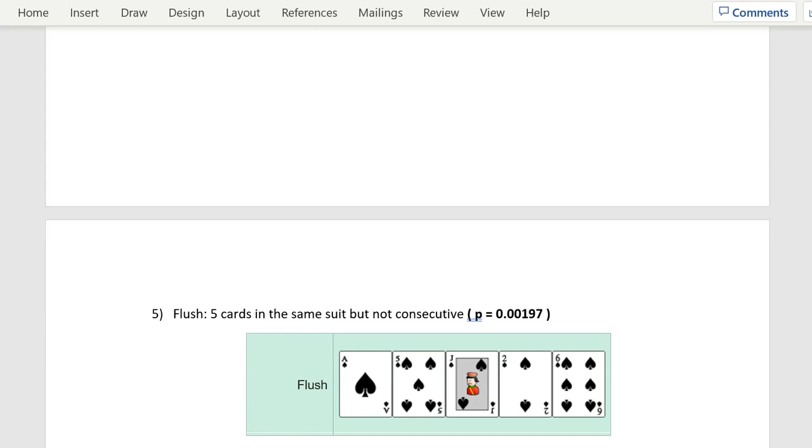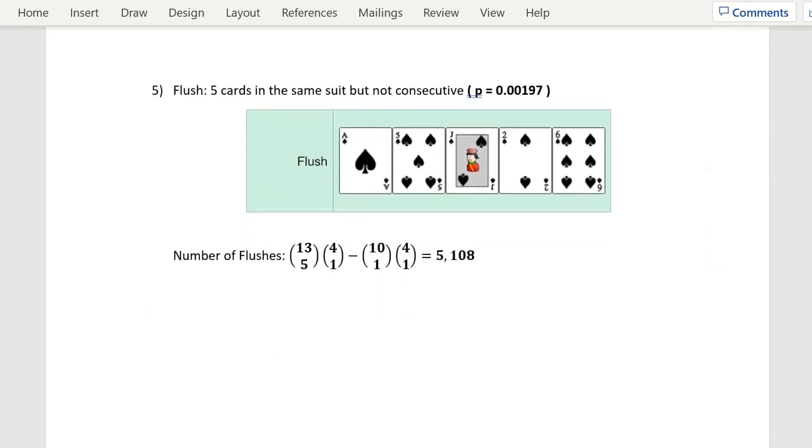Well, here's a combinatoric notation for the number of flushes. So the 13 choose 5, let me show you this. This part of it gives you the denominations, right? So for example, we can have 4, 5, 10, 8, 7. That's how many different denominations the 5 cards could be selected from. And then because they have to be in the same suit, in my illustration they're all spades.